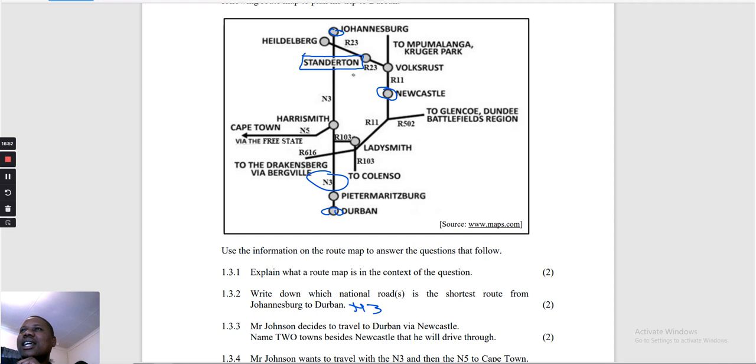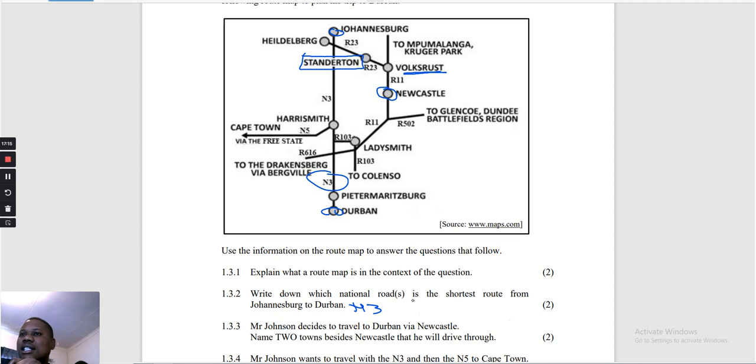Again, Standerton, and then Volksrust, and then also remember, they are not showing us the point of Ladysmith. But even if they're showing us here's Ladysmith, Ladysmith is not on this road, so he's not going to pass it.